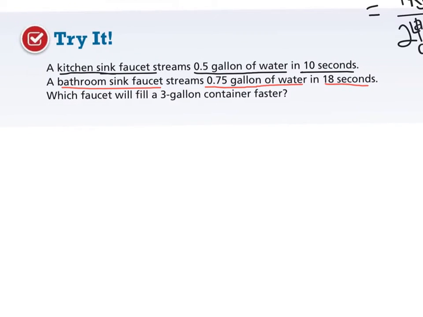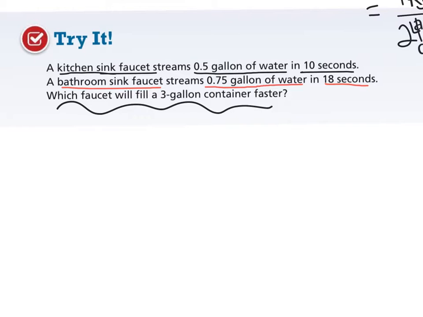So the question is, which faucet will fill a 3-gallon container faster? If you think about this, the size of the container that we're filling really has nothing to do with this problem. Whether it's a 3-gallon container, a 5-gallon container, whatever it is, it really has to do with which one has the faster rate of dispensing the water.